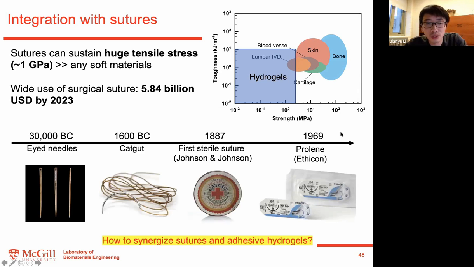Suture also has an even longer development history, since Egyptian times. The last piece of work I want to highlight today is how we can find a good middle ground between surgical suture and the adhesive hydrogel we have developed.